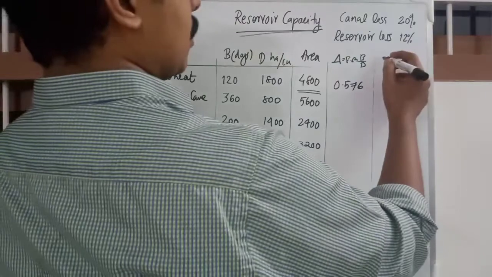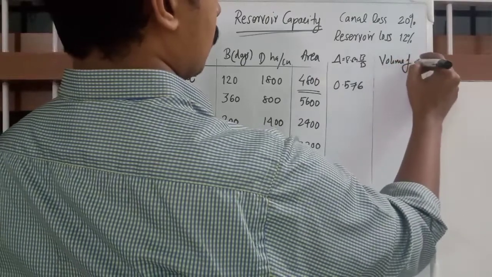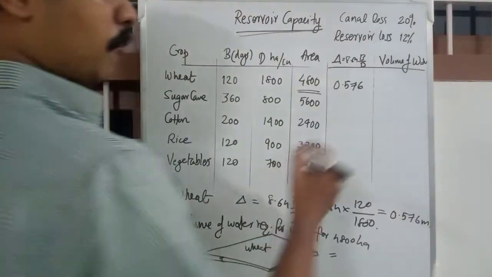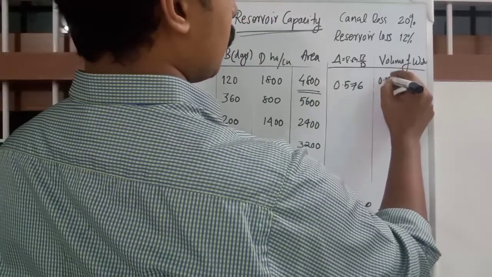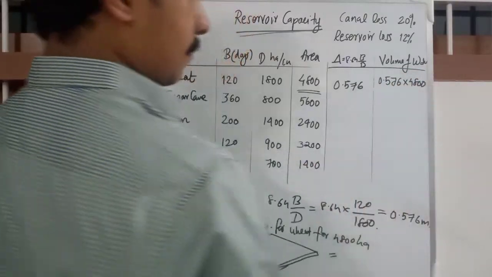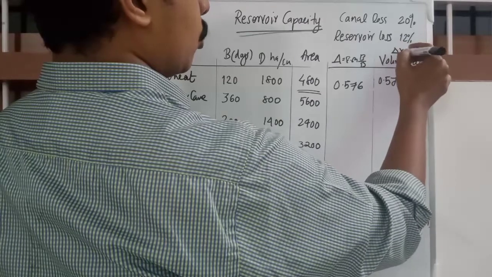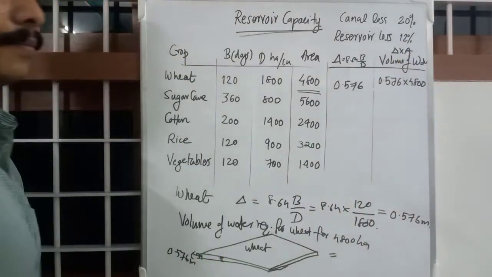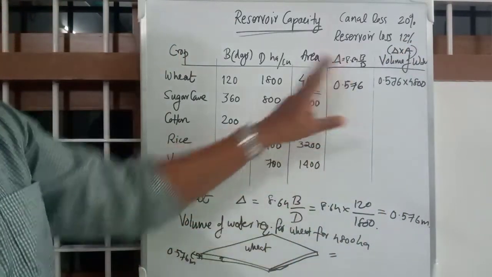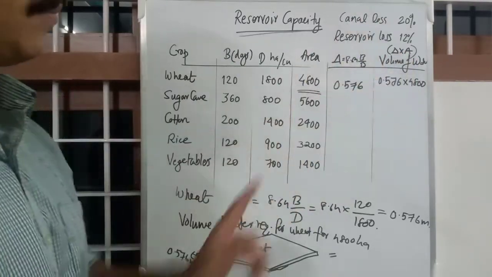On the last column you take the volume of water, which is found by 0.576 multiplied with 4,800, that is, delta into area. So there are only two steps: you calculate the delta of each crop, and then you calculate the volume of water required, that is delta into area.